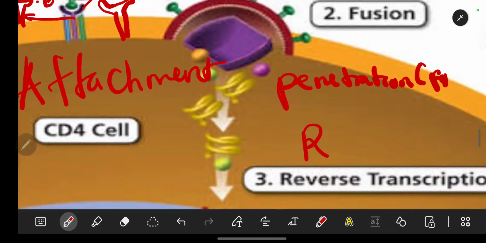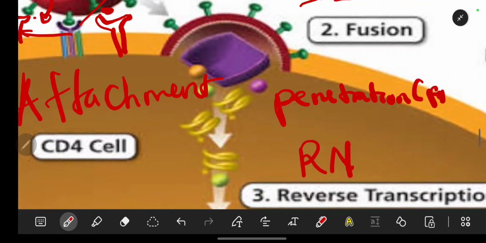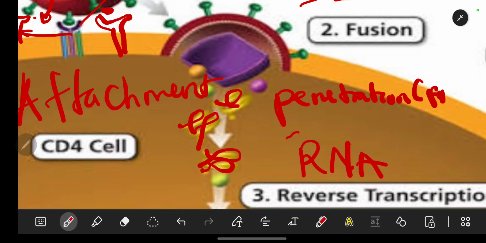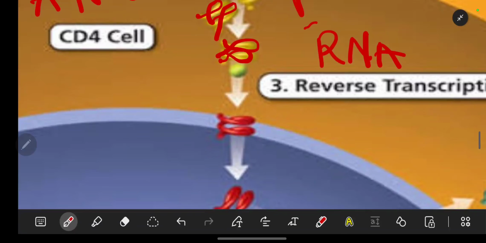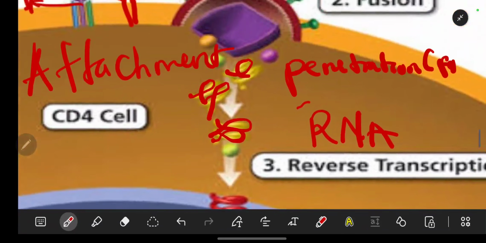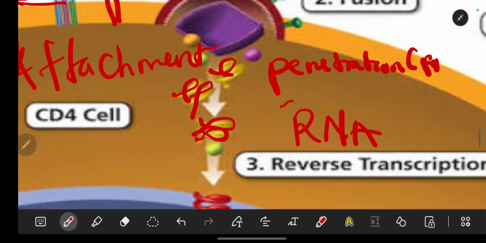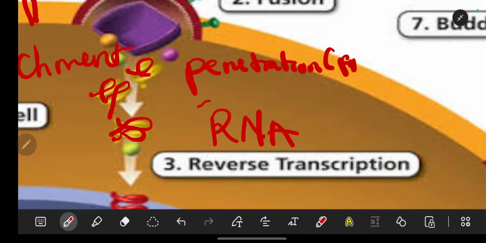Now remember, we said that the HIV genetic material is made up of RNA, not DNA, sorry. So as you can see here, this is our RNA. Then this material, through the process of reverse transcription, will be able to convert.